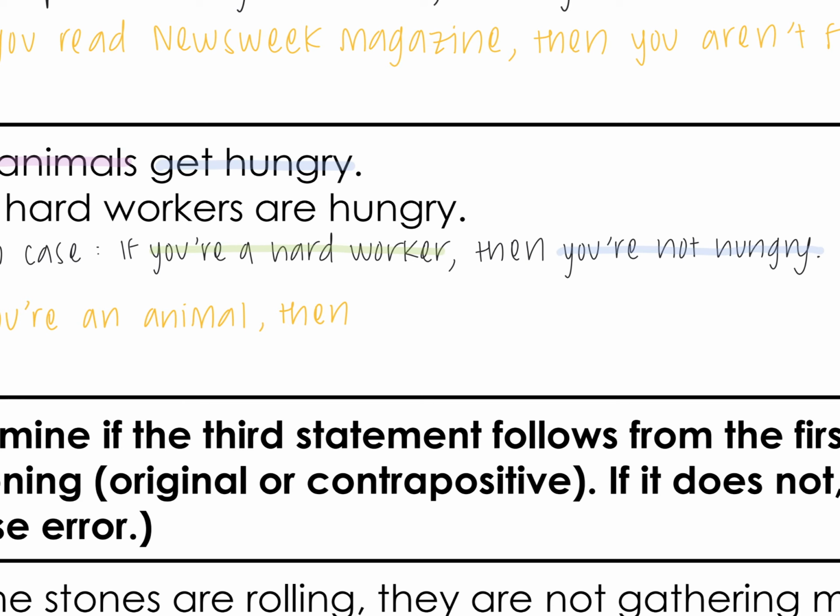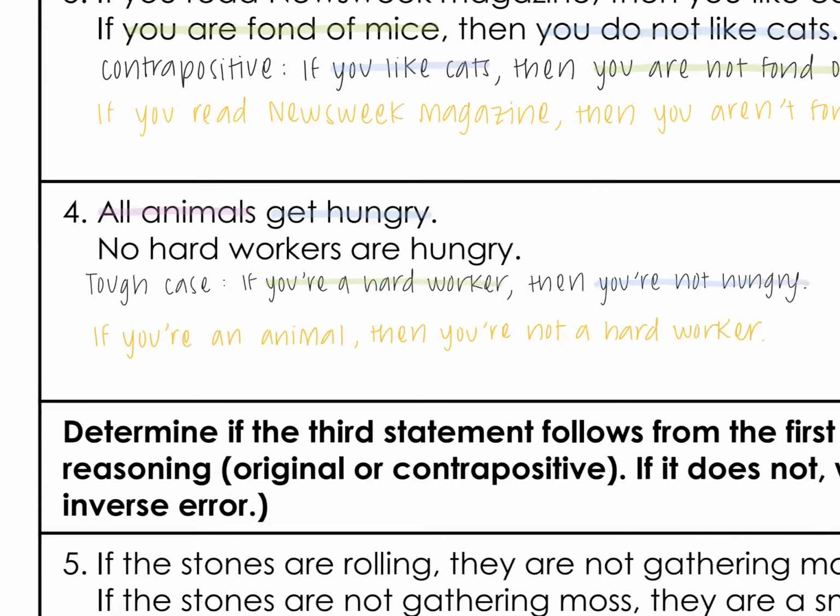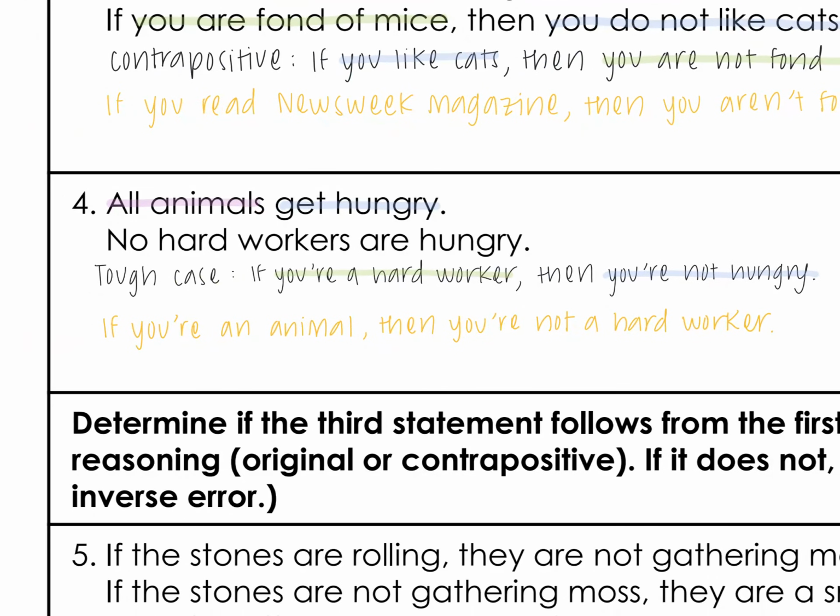So my conclusion for that sentence is going to say you are not a hard worker, which is what I'm going to use for the ending of my conclusion. So that's how I got my final conclusion using that law of syllogism.